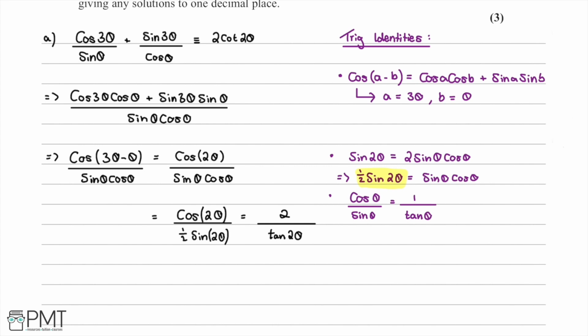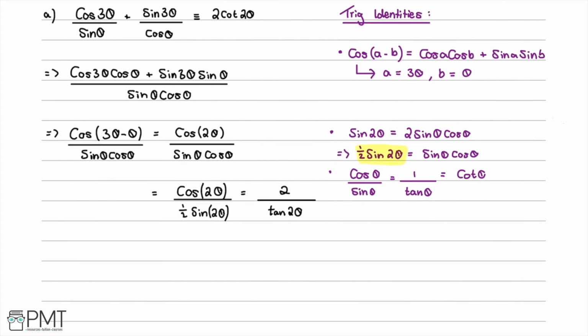Well, we can also use the trig identity that cos theta over sine theta is equal to 1 over tan theta, but we know that this is also equal to cot theta. So we can use this last trig identity and conclude that this is equal to 2 multiplied by cot 2 theta.